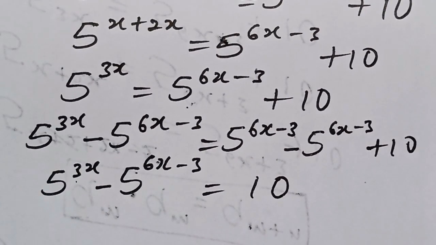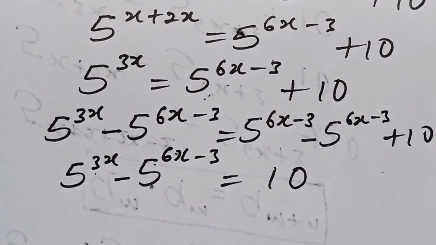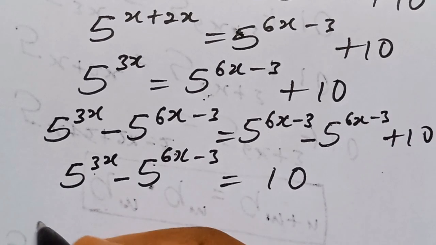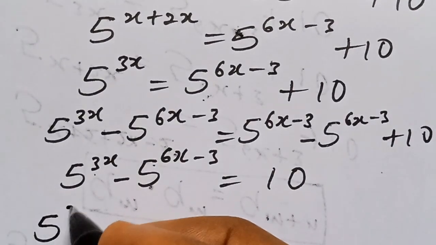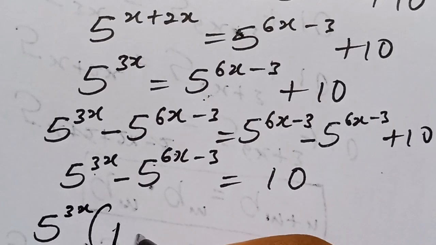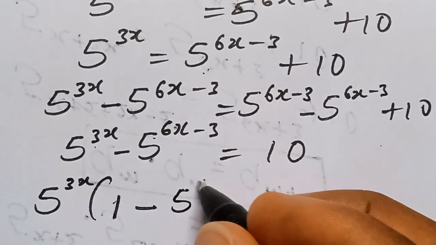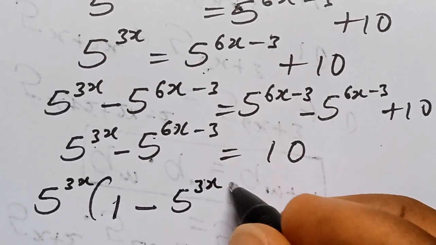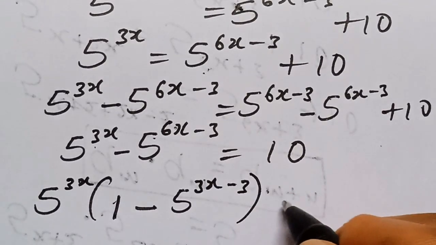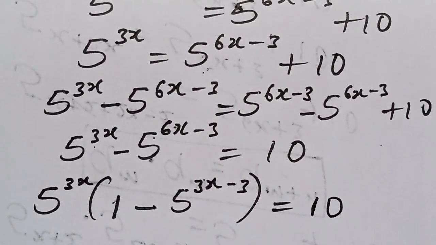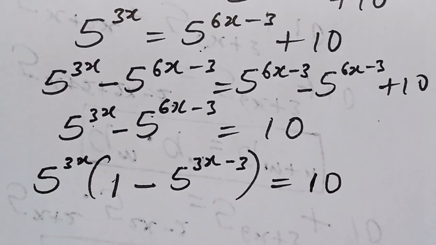So from here, what we can also do is to express this by factorizing 5 raised to power 3x. So we have 5 raised to power 3x into bracket 1 minus 5 raised to power 3x minus 3, close the bracket, equals 10. This is what we are given now.